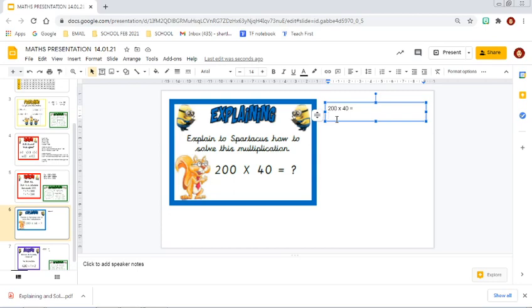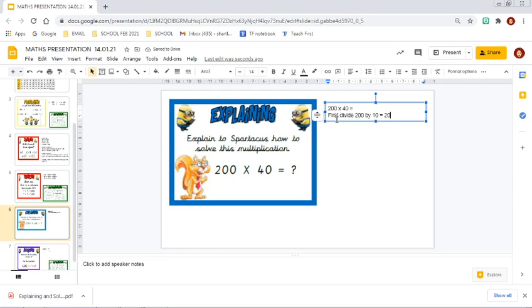You could start possibly by saying first divide 200 by 10, and then you might want to show him what it equals, which equals 20.